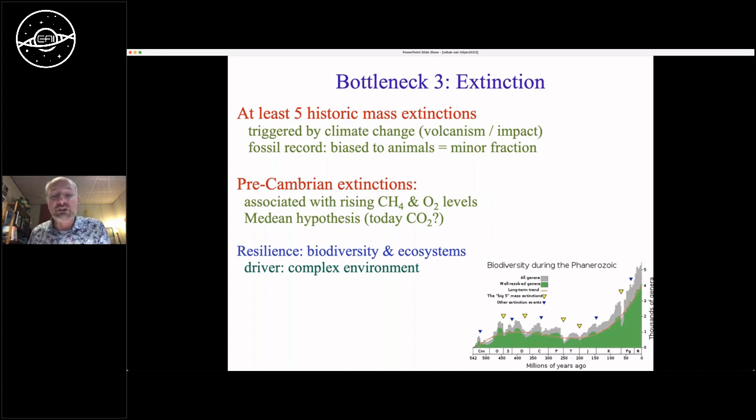So the solution that life, at least on Earth, has found against extinction is biodiversity, right? Some species may not survive changes in climate, but others may actually do better in the new conditions. That is one thing, and the other thing is to have an ecosystem, right?